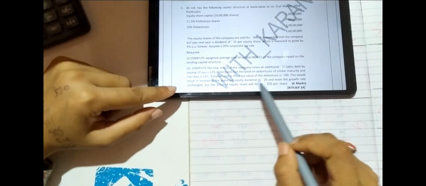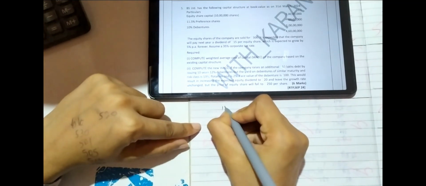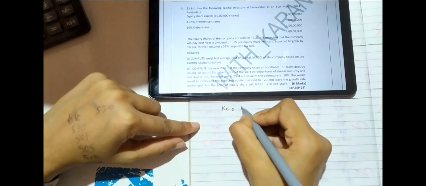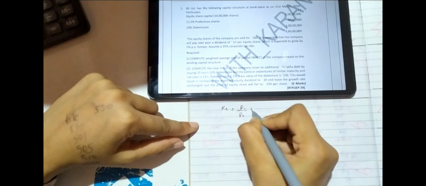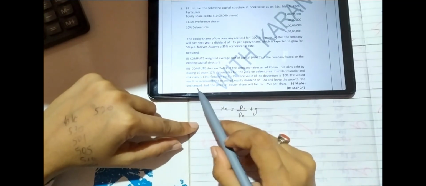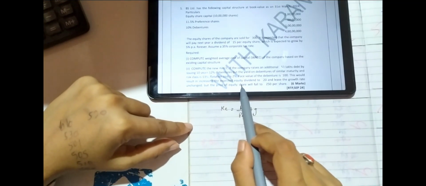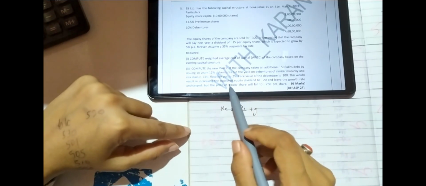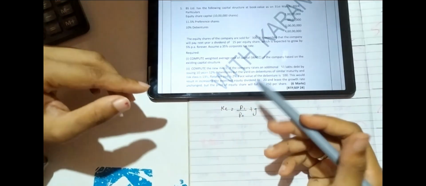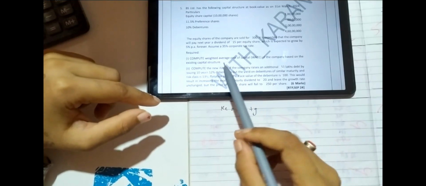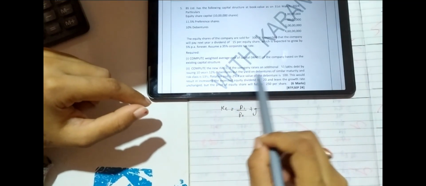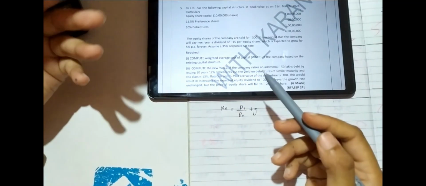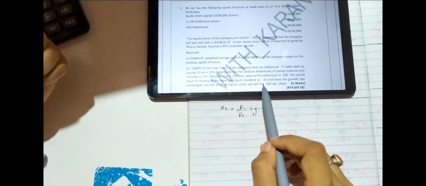The next we are going to calculate KE. So what is KE? KE is equal to D1 upon P0 plus g. They have given that it would result in increasing the expected equity dividend to 20. Expected equity dividend means again it is D1, not D0, okay? Because we are expecting it for next year, right? Because of the issue of new debentures, now equity shareholders are expecting the dividend to be 20 rupees.